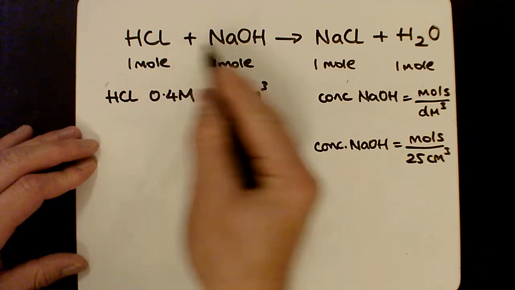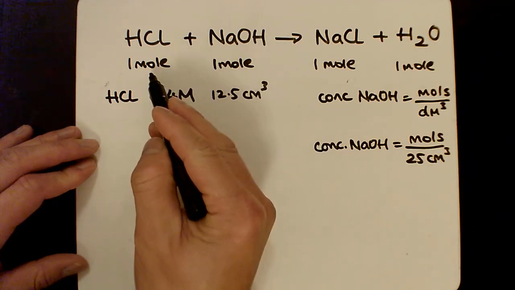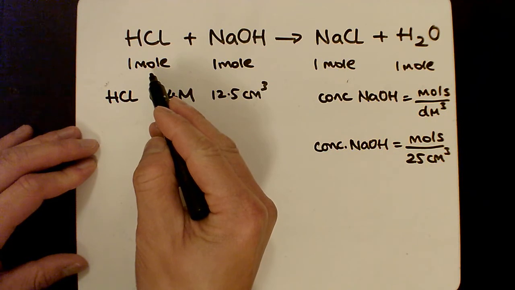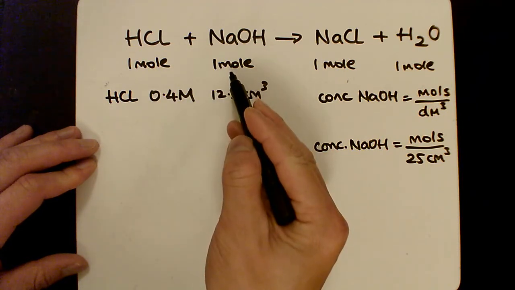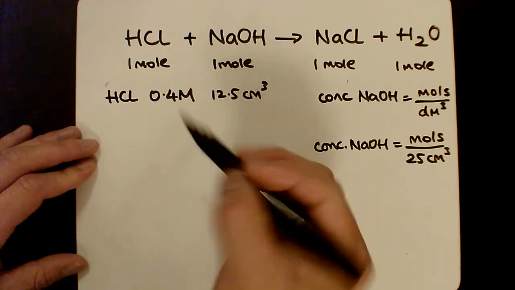if we look back at our equation, we know the stoichiometry is 1 mole of hydrochloric acid can be neutralized by 1 mole of sodium hydroxide. So it's a 1-to-1 ratio.